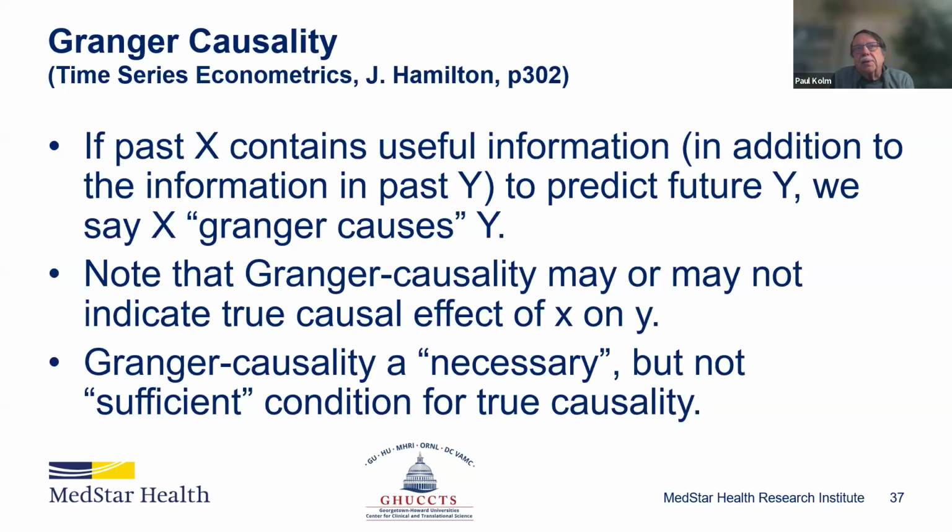So this is, in a sense, kind of looking at regression equations as we normally think of them between two time series, but we can get at whether one actually causes the other or not.